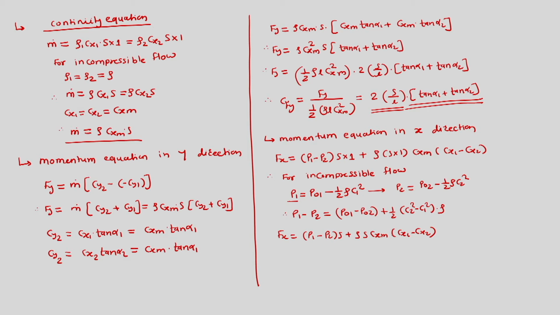Take a particular case where Cx1 is equal to Cx2, we can write Fx only as P1 minus P2 into S. So Fx is equal to P01 minus P02 into S plus half rho S into C2 square minus C1 square.